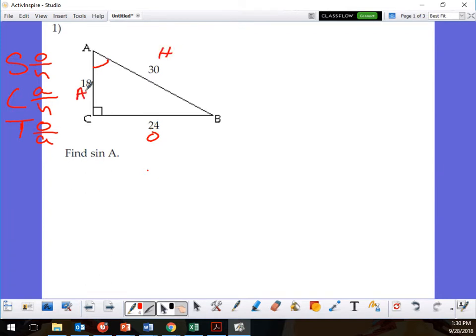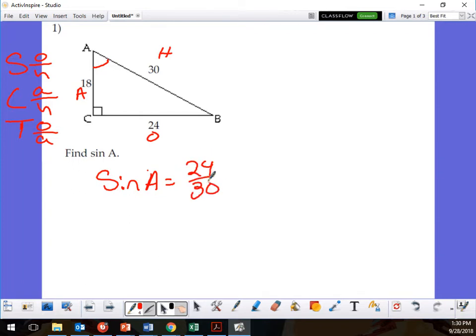Adjacent? There we go. So for this one, it's going to be sine, O over H. Sine is opposite over hypotenuse. So sine of A, 24 over 30. And then I could reduce that.